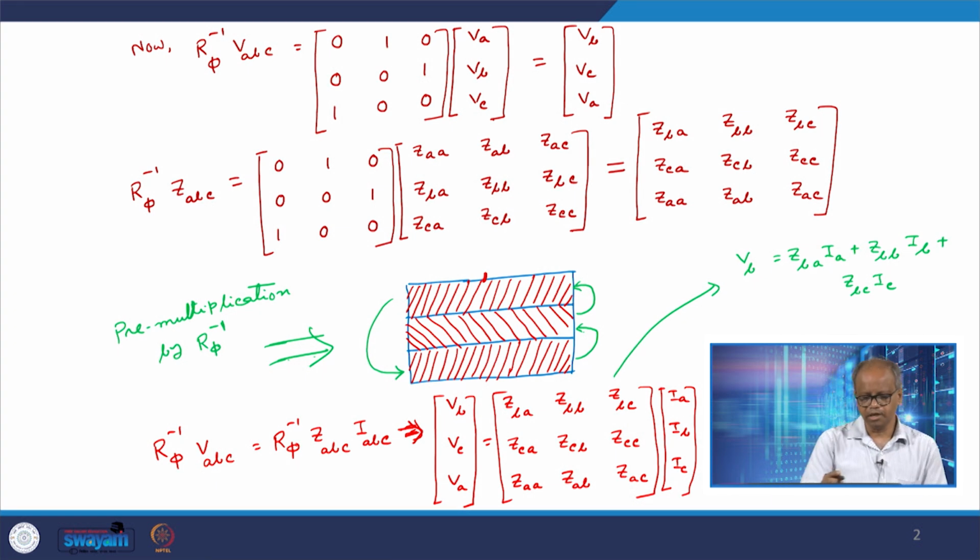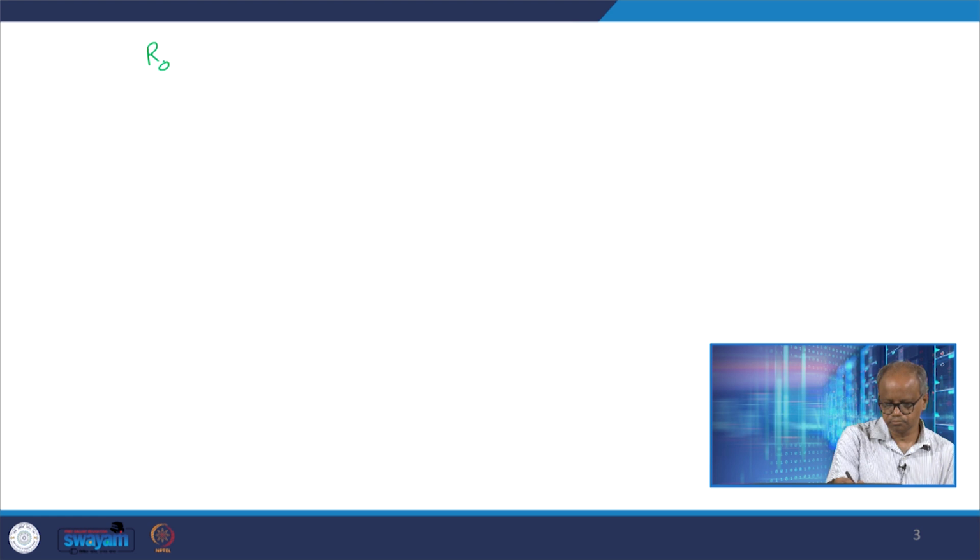We can now write R phi inverse V ABC is equal to R phi inverse Z ABC into I ABC.